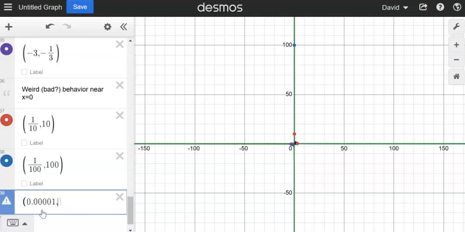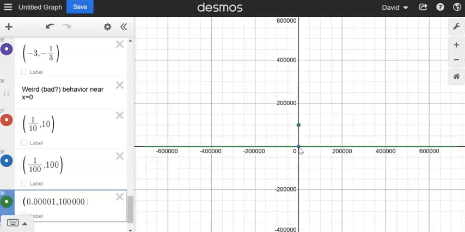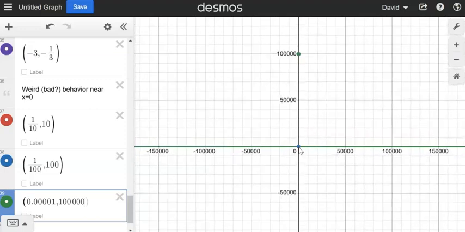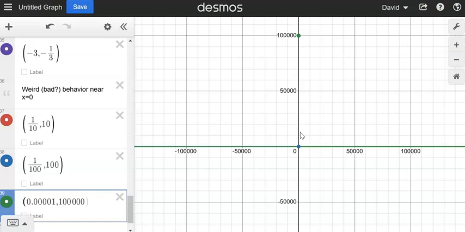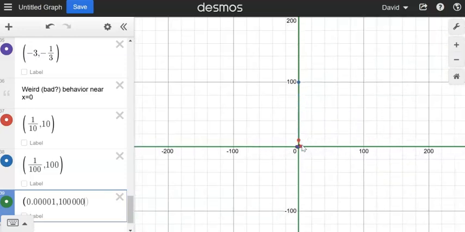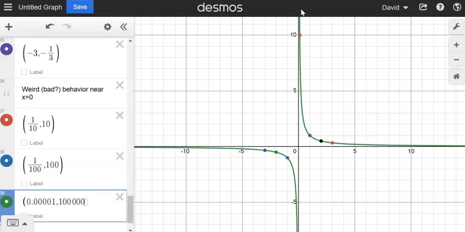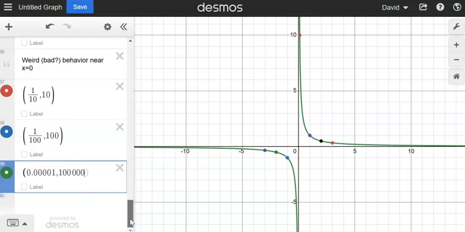That's 1 over 100,000. Wow, I'm going to zoom way the heck out there. Oh my God. Oh, there it is. Okay. So simply by putting in inputs that are relatively close to 0, these outputs just blow the heck up. And so we see from the actual graph that it becomes super, super steep and blows up. We say that it blows up to infinity.